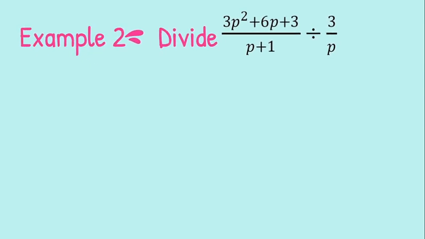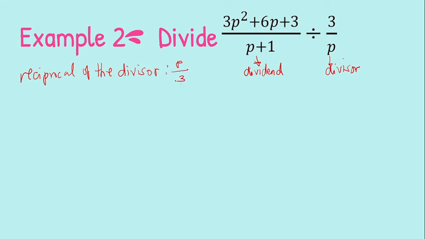Okay, let's have another example. We have 3p squared plus 6p plus 3 over p plus 1 divided by 3 over p. So let's identify the dividend and the divisor. This is the dividend and this is the divisor, which we're going to get the reciprocal of. The reciprocal of the divisor will become p over 3.